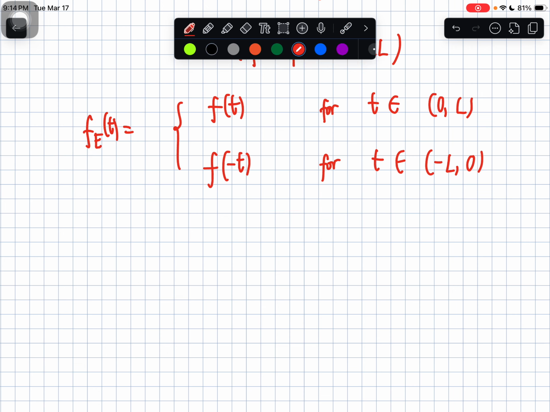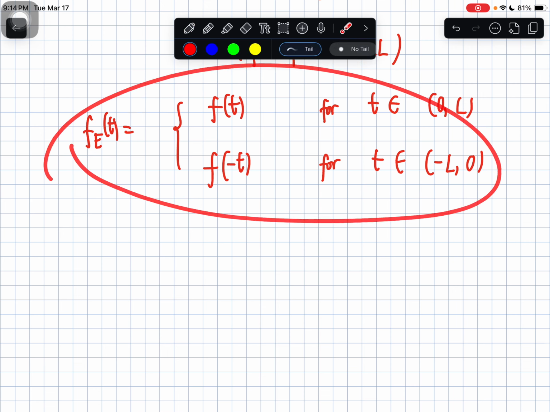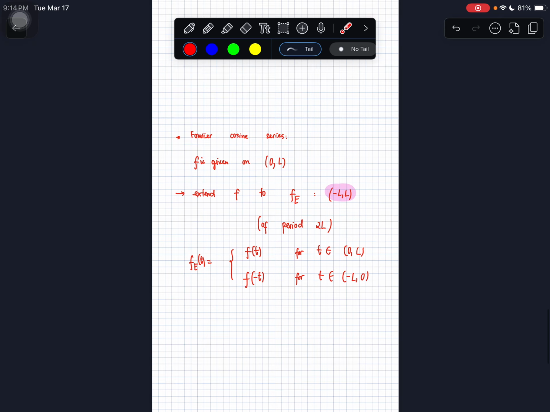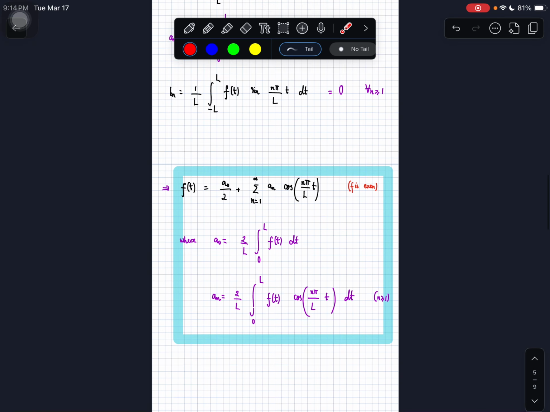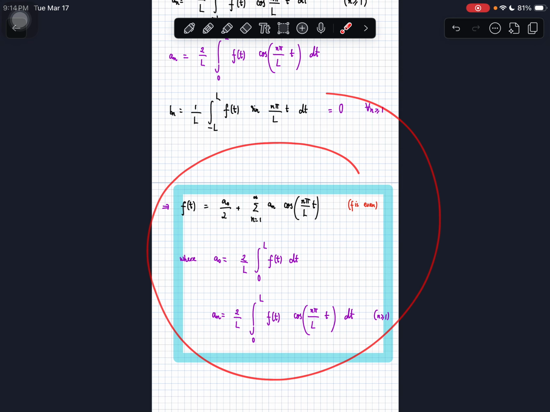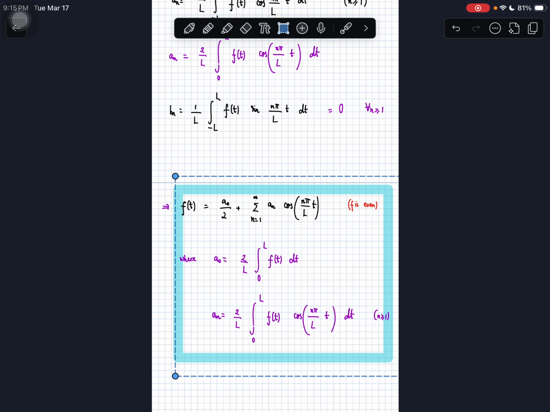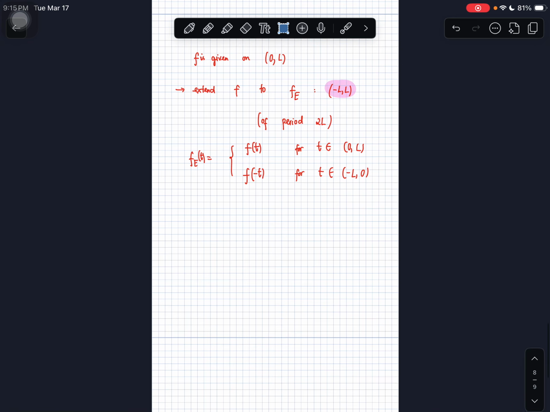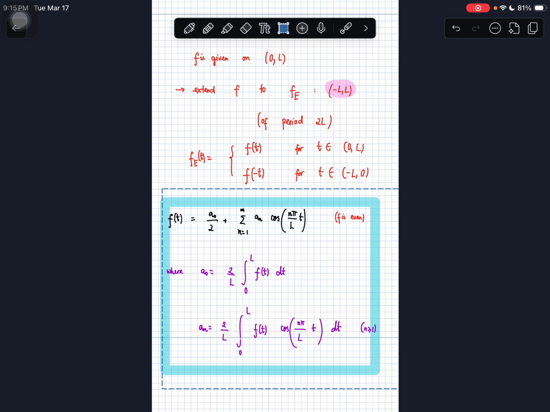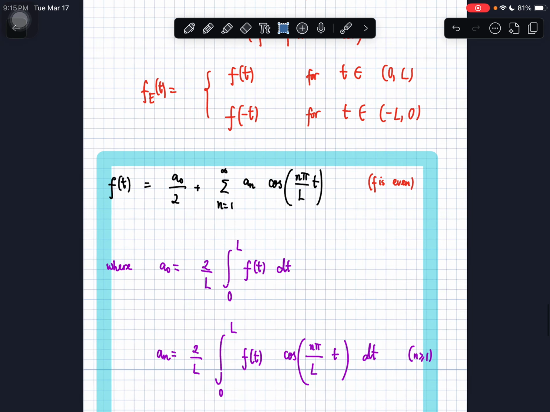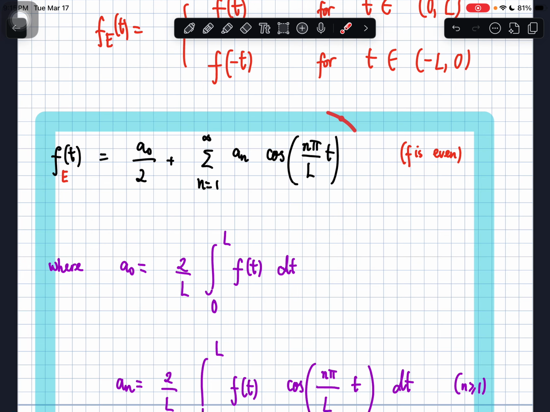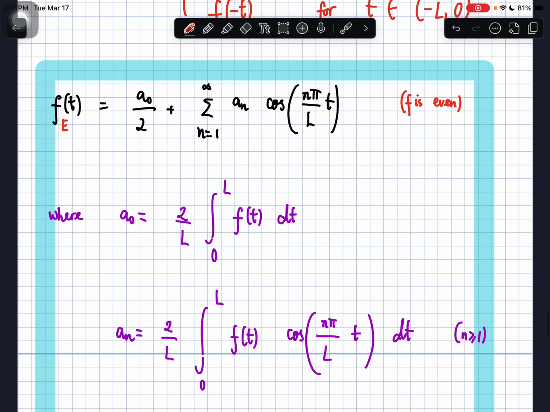So we know that the Fourier series of f even contains only the cosine terms. So this is the Fourier series of f even. The f even function has a Fourier series, this one, where a0 is this, a n is this, but on this interval f even is equal to f.